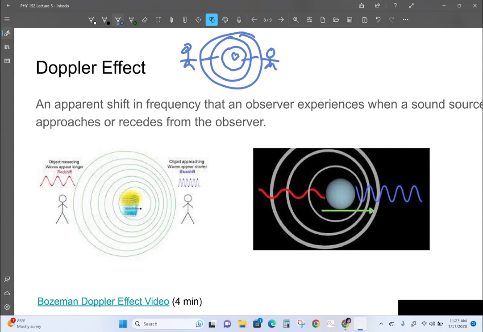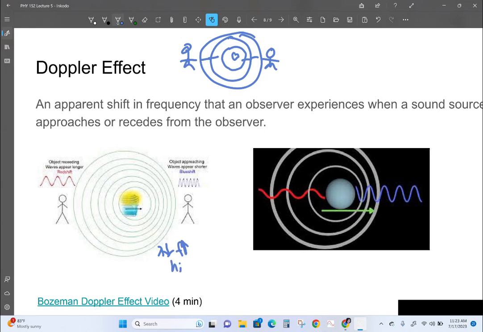But when the object is moving, because sound waves in particular are compression waves, you're going to compress the wavelength on the front end. So the wave is going to be compressed, the wavelength is going to go down, and that's going to make the frequency higher.